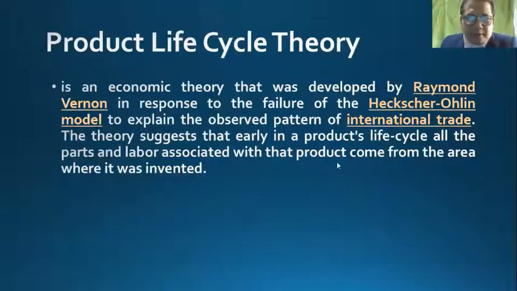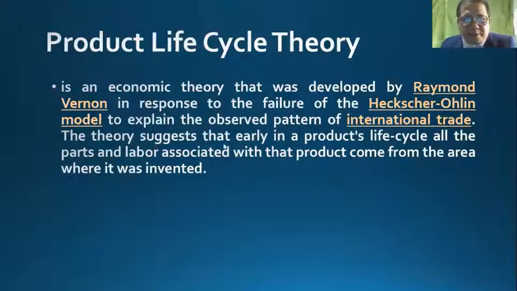Last meeting, we spoke about the Heckscher-Ohlin model, but it fails to explain the observed pattern of international trade. So Raymond came up with his theory since the Heckscher-Ohlin model failed. That's why he formulated the theory of product life cycle.